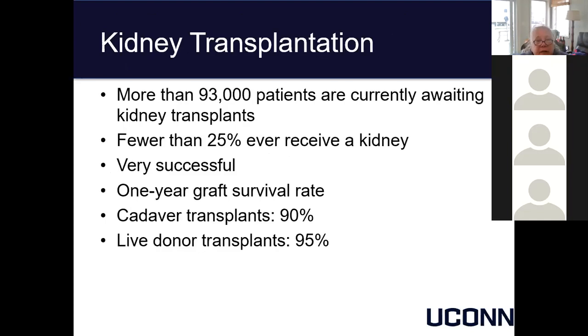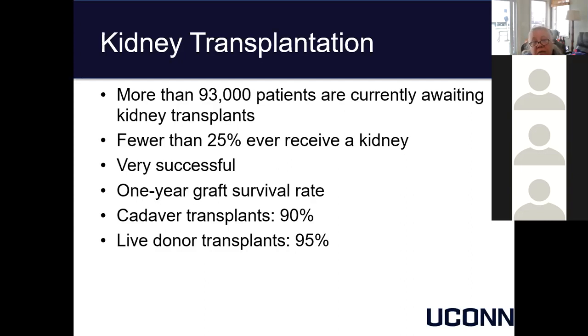In terms of kidney transplantation, or any time we're talking about a solid organ transplant situation, there are not enough organs to go around. There are almost 100,000 patients waiting for a kidney now, and yet only about 25% of those will ever receive a kidney.